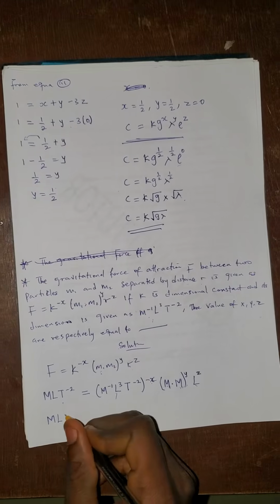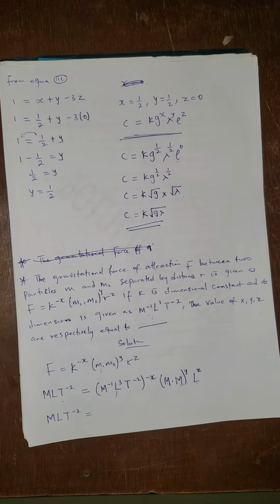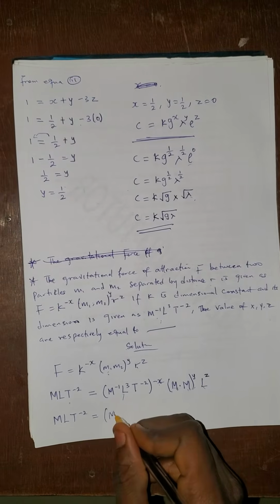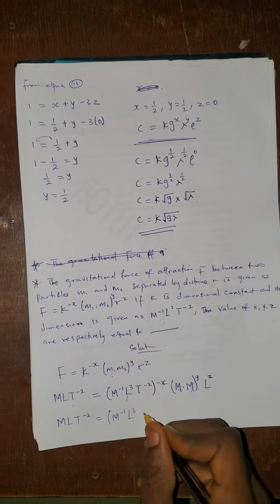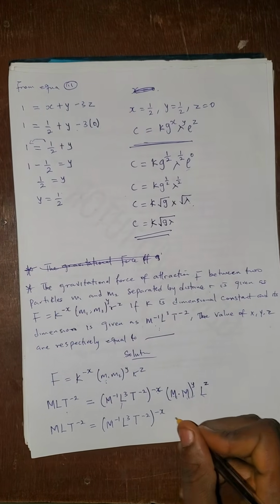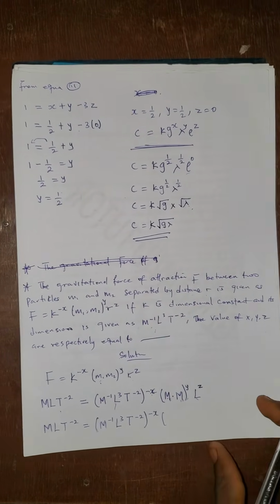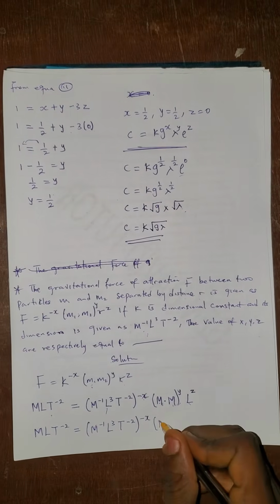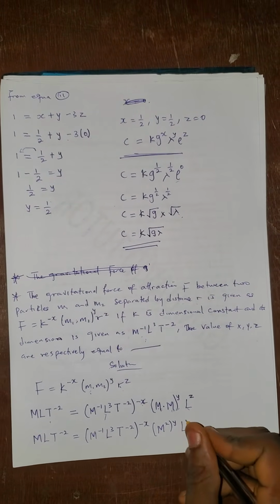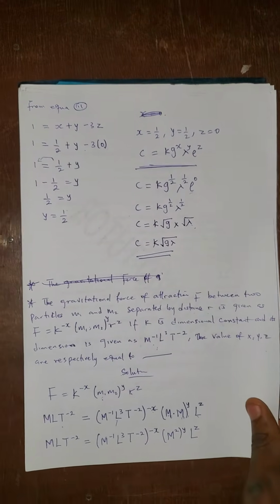We have MLT raised to power minus 2, which will now be M raised to power minus 1, L raised to power 3, T raised to power minus 2, all raised to power minus X. And don't forget, M times M here will be M square, so M square raised to power Y. Then we have L raised to power Z here.